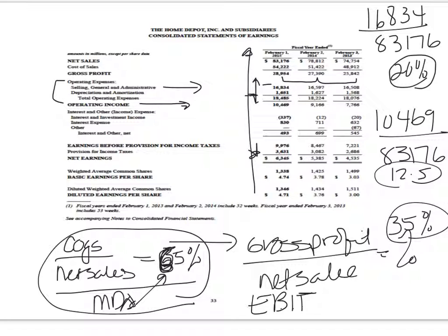Then if we move down and look at other income and expense, that typically can be dividend and interest income, interest expense, money you pay on the loan, any investment gains or losses, something we call equity earnings or losses, and any gains or losses from sale of fixed assets. So if I'm selling equipment.